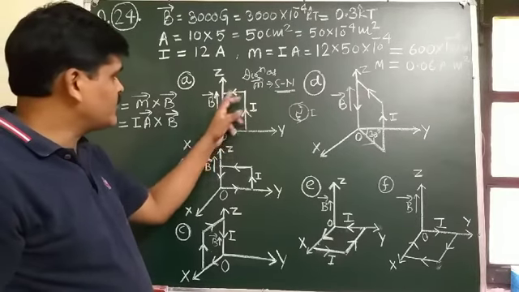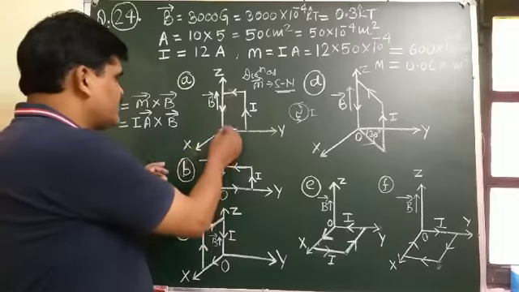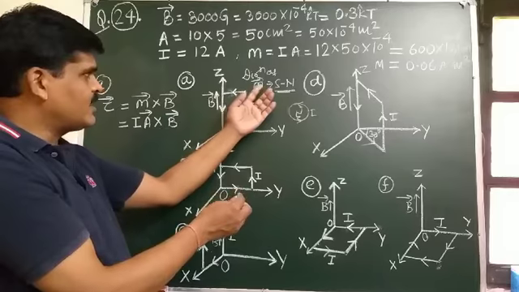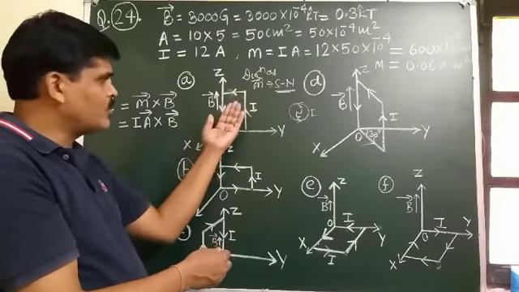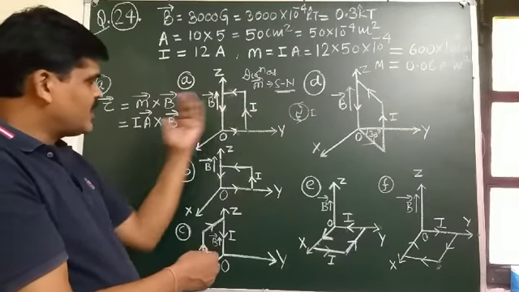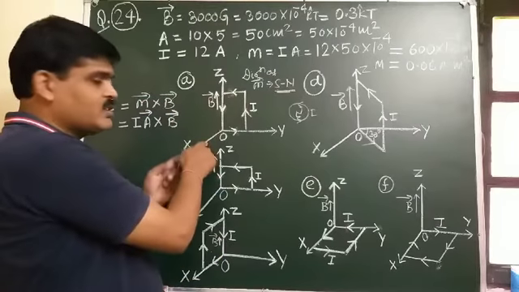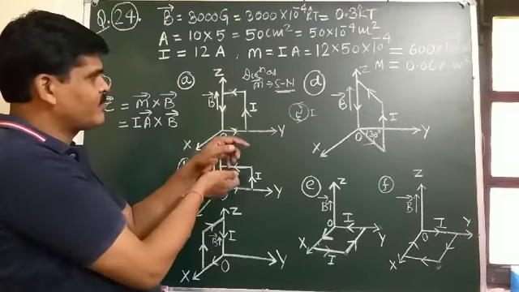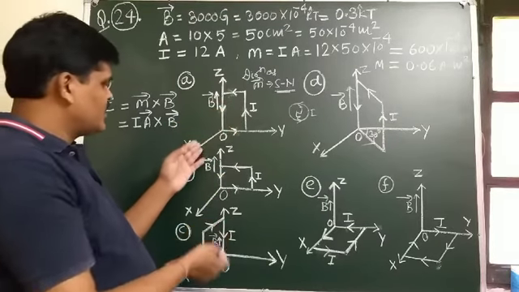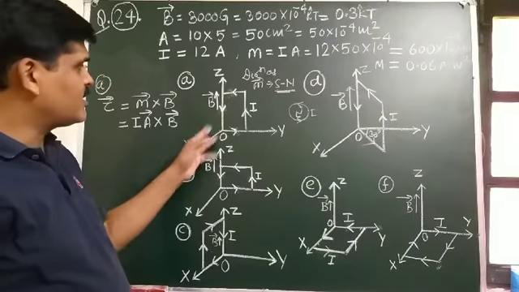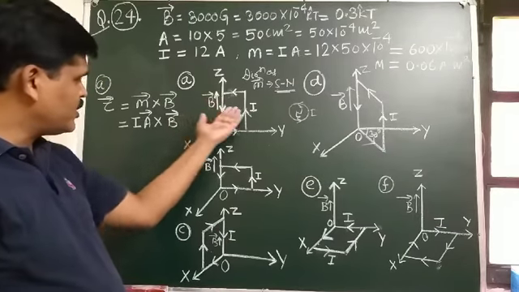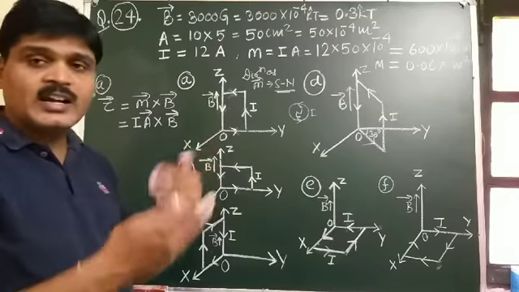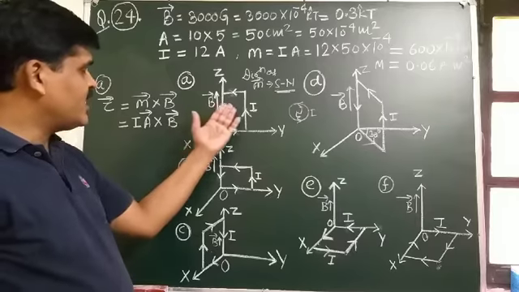The direction of magnetic moment in this case: current is flowing anti-clockwise, so this face is north, and the direction of magnetic moment is south to north. So the magnetic dipole moment is towards the x-axis, perpendicular to the plane, which is Y and Z. Or another way, what is the area vector?